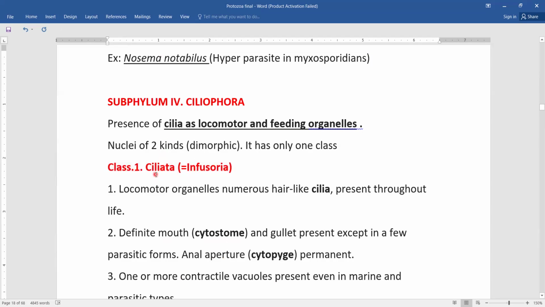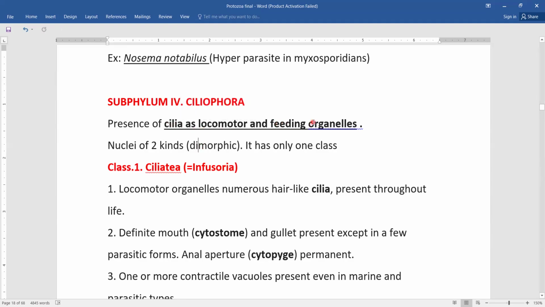The class name is Ciliata, or Ciliatea in some books. It is also known as inferior. What is the meaning of Ciliophora? This is the fourth, last subphylum of Protozoa. It contains cilia, that's why the name Ciliophora.